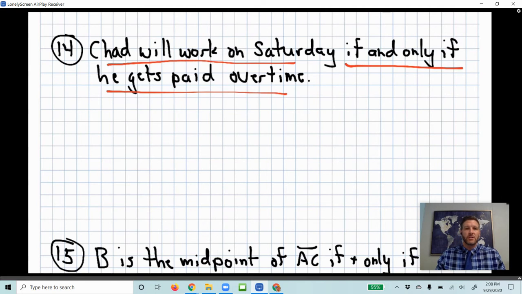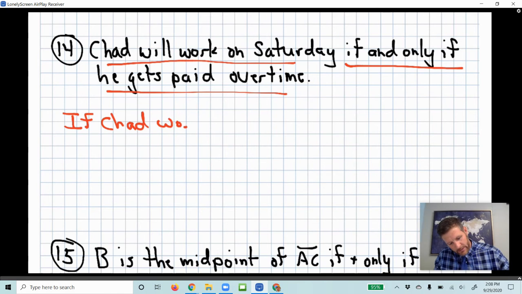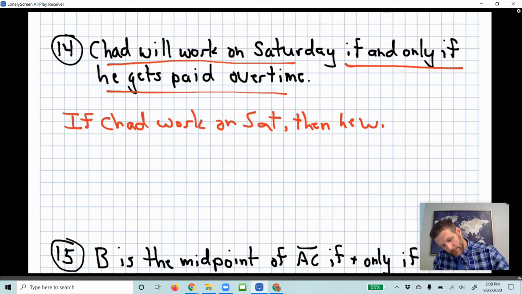So for each of the conditional statements, we'll just transition from one to the other. So first, let's go ahead and go with if Chad, and you just have to change the tense a little bit. If Chad works on Saturday, then he will get paid overtime.